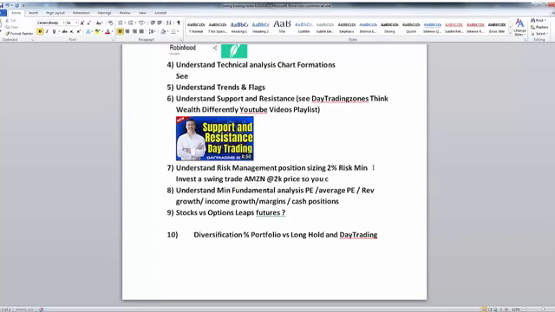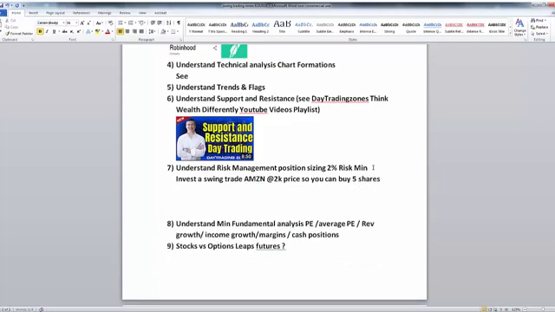So you can buy 5 shares at 2K, that's 10K, right? And let's say you have 10K capital, and the rule says do not risk more than 2% of your capital. So in this case it would be $200.